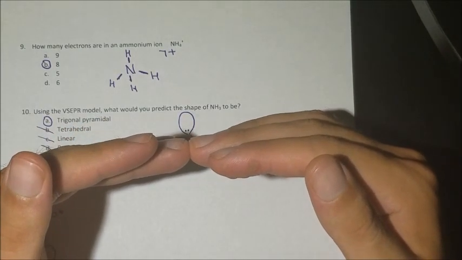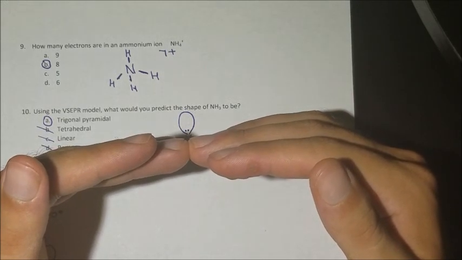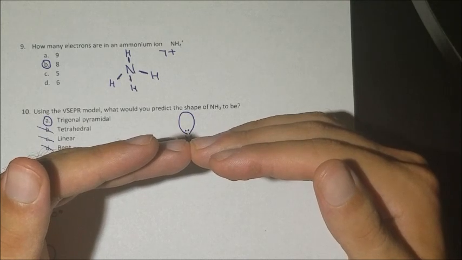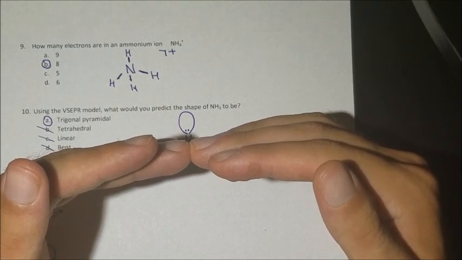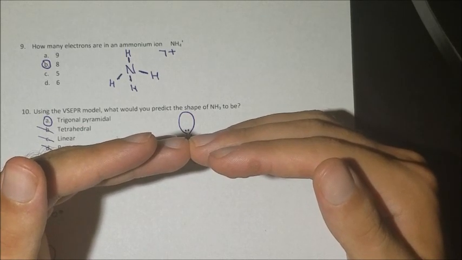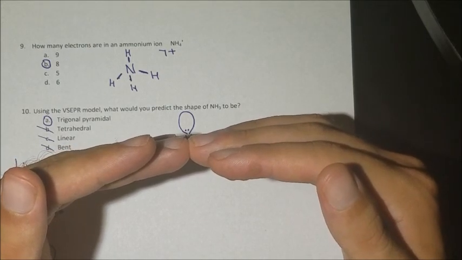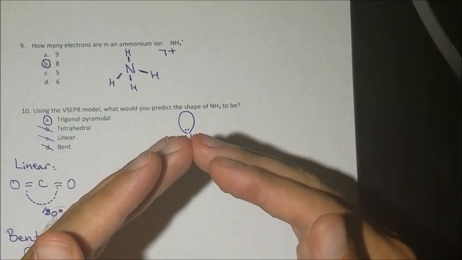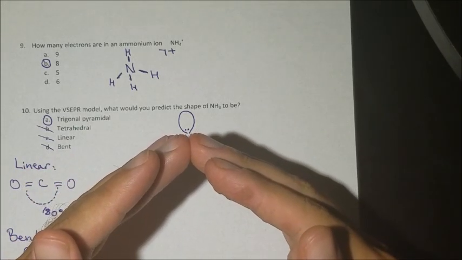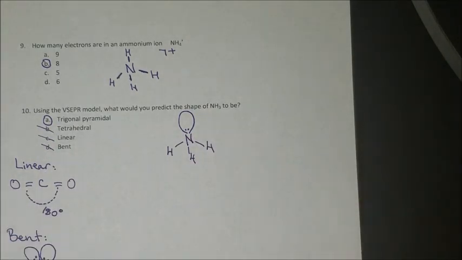So if I did not have a lone pair there, it might look a little bit more like this. But since I've got that lone pair there, remember VSEPR theory involves repulsion, so the electrons from the hydrogens are going to repel from the lone pair. And in doing so, that's going to bend it like this, away from that lone pair, so that you maximize the distance that the electrons are apart from each other.